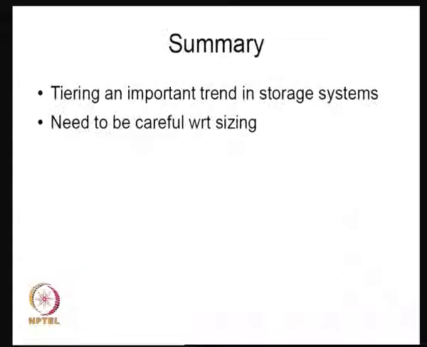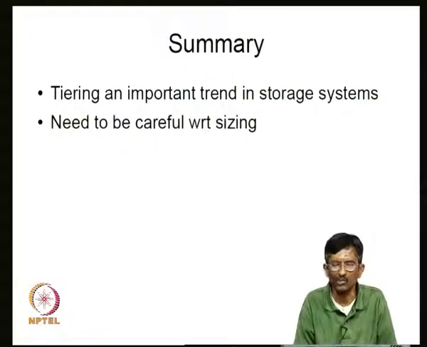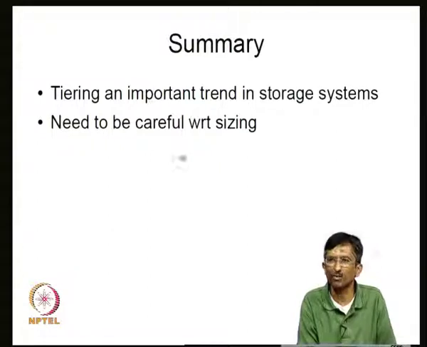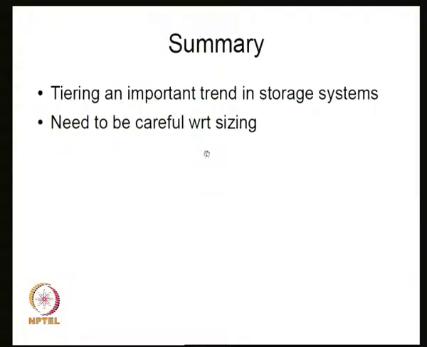So in summary, tiering is an important trend in storage systems, and it is going to become much more important in the future, because you are going to have different types of storage available, and you have to be careful with respect to the sizing of each of these components, then you will get a well balanced system.